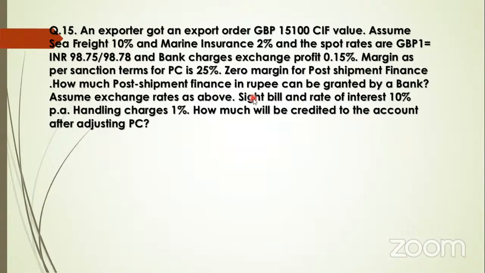What is sight? This bill is payable immediately. When the bill reaches the other country, the buyer abroad is going to pay immediately. But still, as per the FEDAI guideline, for a sight export bill you have to charge interest for a minimum of 25 days. Note down. For a sight export bill, the FEDAI guideline tells the normal transit period.